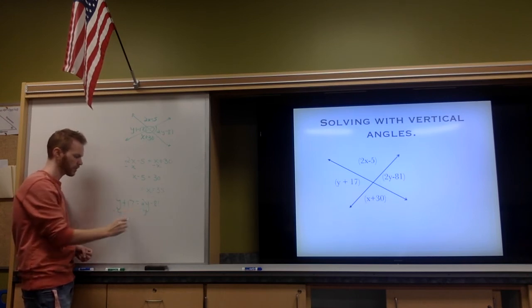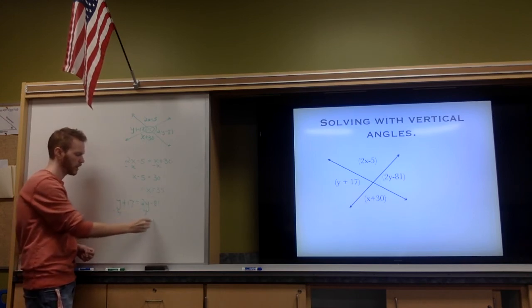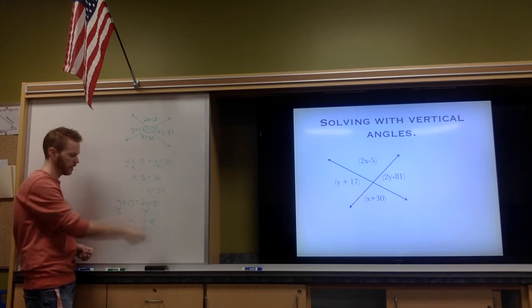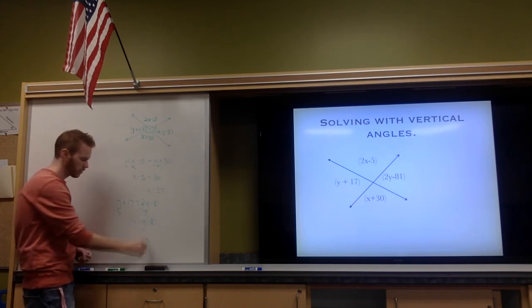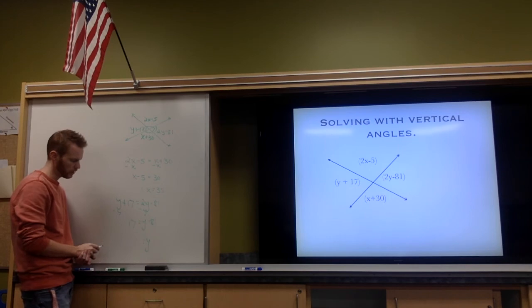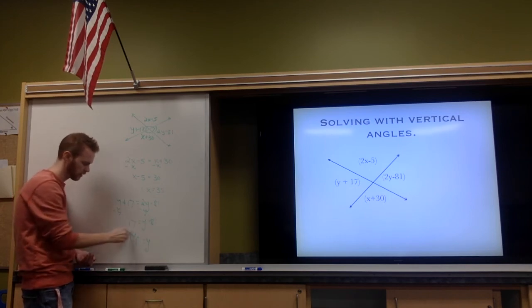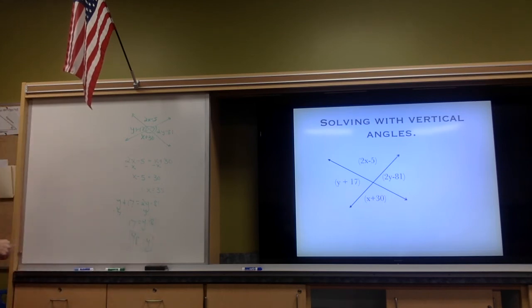Take the y to the other side. So 17 equals y minus 81. Add 81 over here. So y is going to be 98. So we can plug these back in, right?